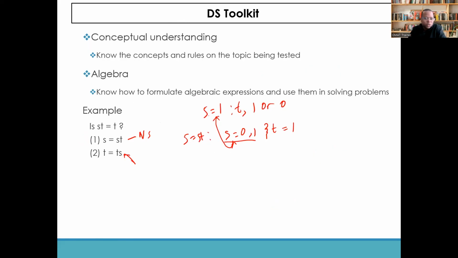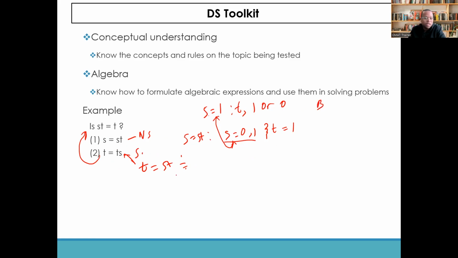T is equal to TS is similar to T is equal to ST, which can be written in the same form as the question stem. So you don't even need to go further to solve this, to save on time. This in itself will be sufficient, and the answer would be B.